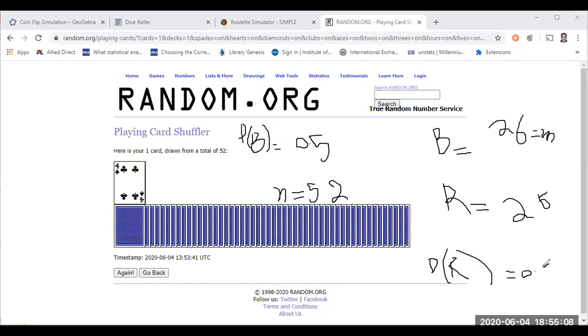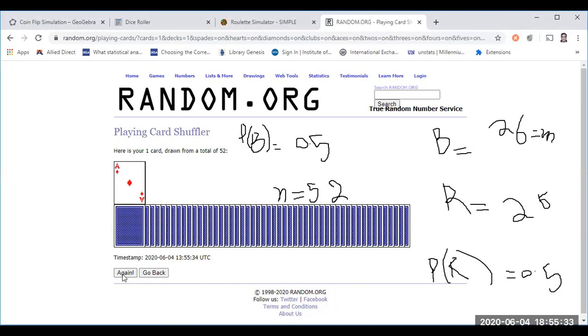This is how we can easily compute the probability for any random event that we may think of. Let's run the simulator once more. Because the chance is 0.5, you can see now I'm getting a red card. So the chance is equal for both of them, equally likely indeed.